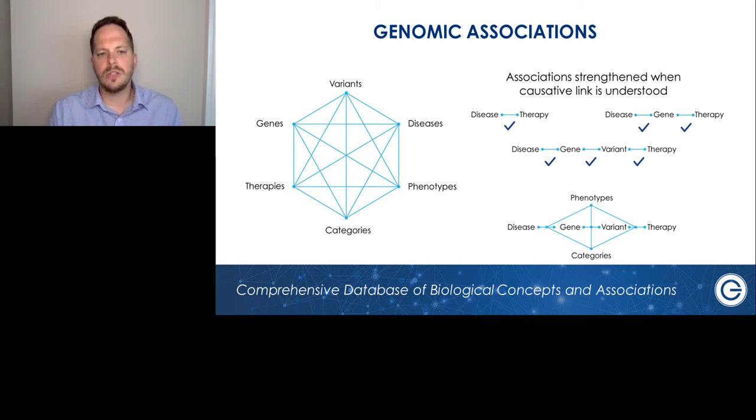And those varied associations come in the different varieties that I'm highlighting here in the diagram on the left, where you can see different biological concepts and how they may be interconnected with one another or among themselves. So for instance, a gene and a variant can be certainly tied to a disease, a monogenic or a polygenic disease, whether it be cancer or constitutional, but likewise, it can be associated with a particular therapy or a specific phenotype in the case where a diagnostic disease is not apparent.